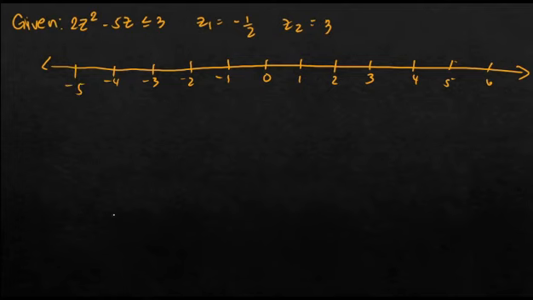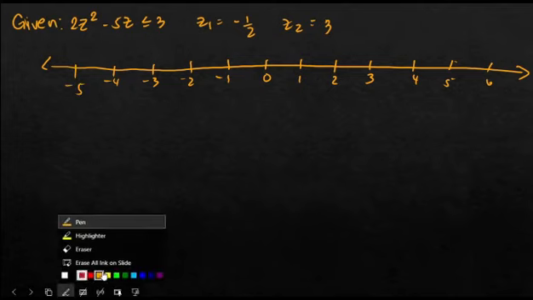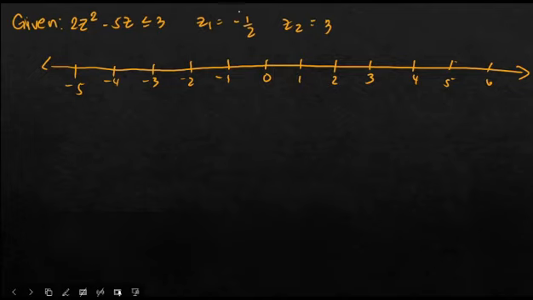Okay. And then, after this, let's plot the points for z sub 1 and z sub 2. Negative 1/2 is in between 0 and negative 1. And we have positive 3.